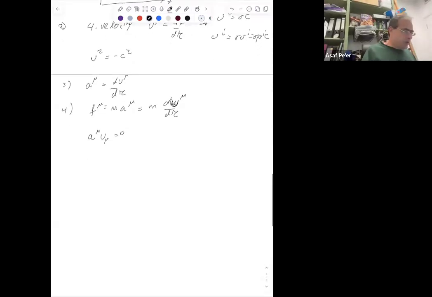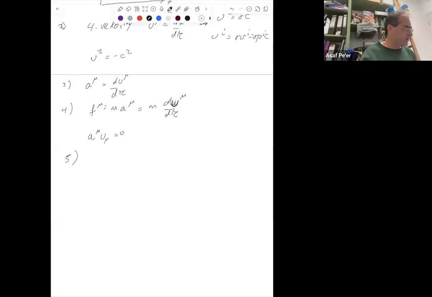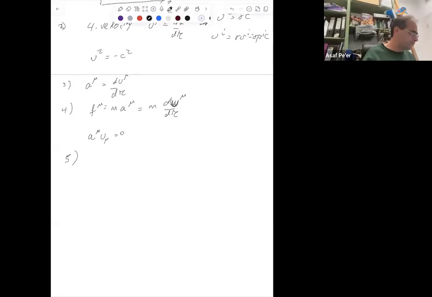Then we introduced the fifth vector, the four-momentum, P mu, which we define as m dx mu over d tau, which is m u mu. Using what we derived for the four-velocity, we see immediately that the norm is minus m squared c squared, and the components are P0 is gamma mc and Pi is gamma beta i mc.